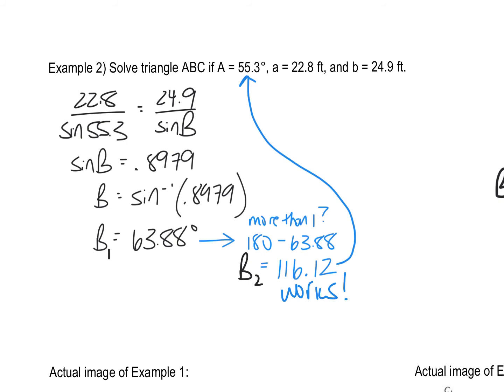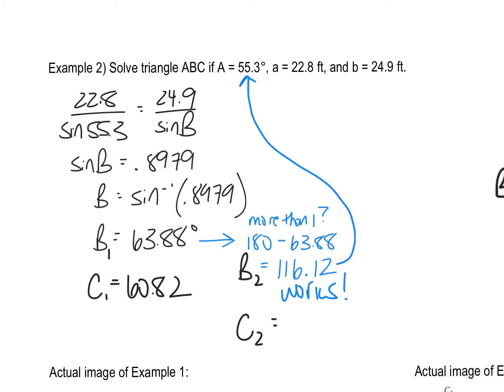And so again, I can figure out what angle C is. I'm going to have two of them because I have two different angles of B. Remember how all angles in a triangle have to add up to 180? So take your calculator and use this angle and subtract from 180. And that gives you a first angle of 60.82.